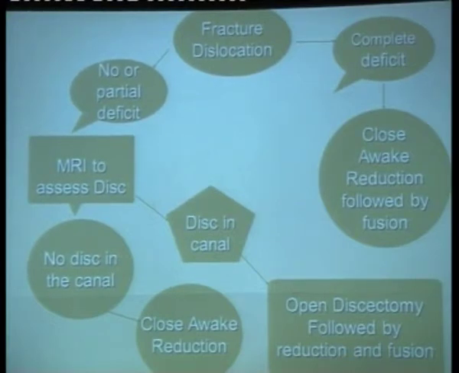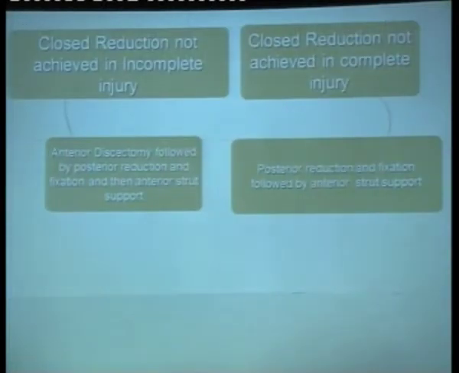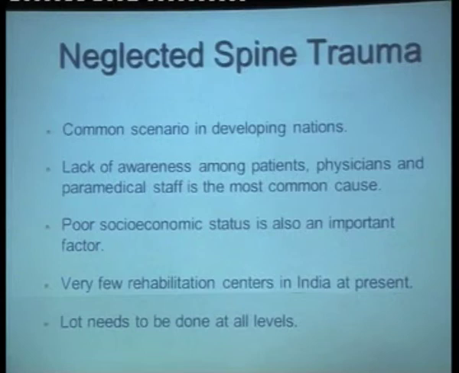If there is no disc in the canal, you may try to achieve a closed awake reduction, as was done in this patient, and then later you can just go in for fixation with an anterior approach. However, if you can't achieve a reduction, then again the decision depends on whether it's a complete or an incomplete injury. In an incomplete injury, one may want to remove the disc from the front before you go in posteriorly, reduce the fracture, and then go in for a fixation, as was done in this case.